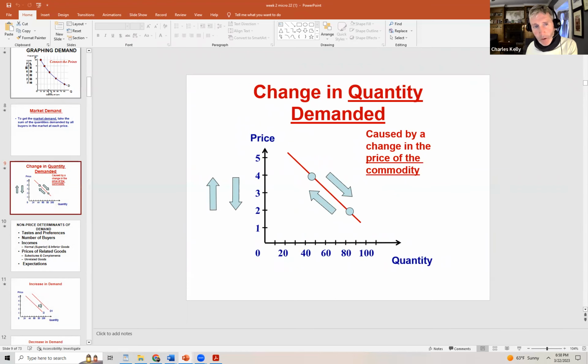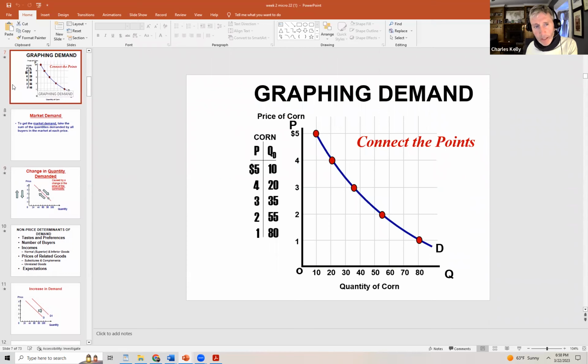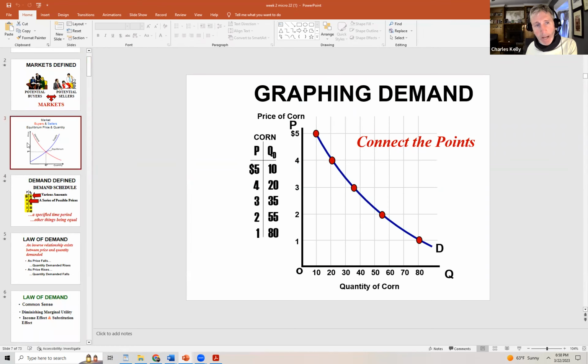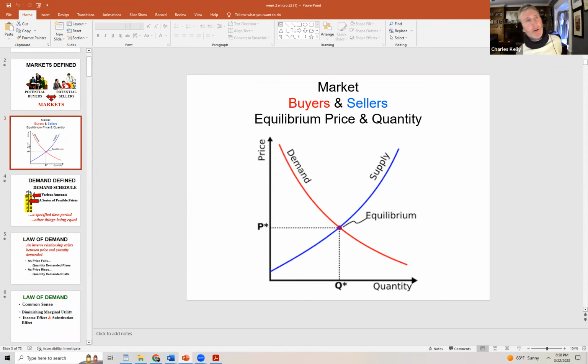If we look at the demand curve of one individual, right? But remember, we don't have a market unless we have buyers and sellers together. So every market needs a downward sloping demand curve and an upward sloping supply curve. But we're going to introduce and study them separately before we bring them back together to analyze market forces.